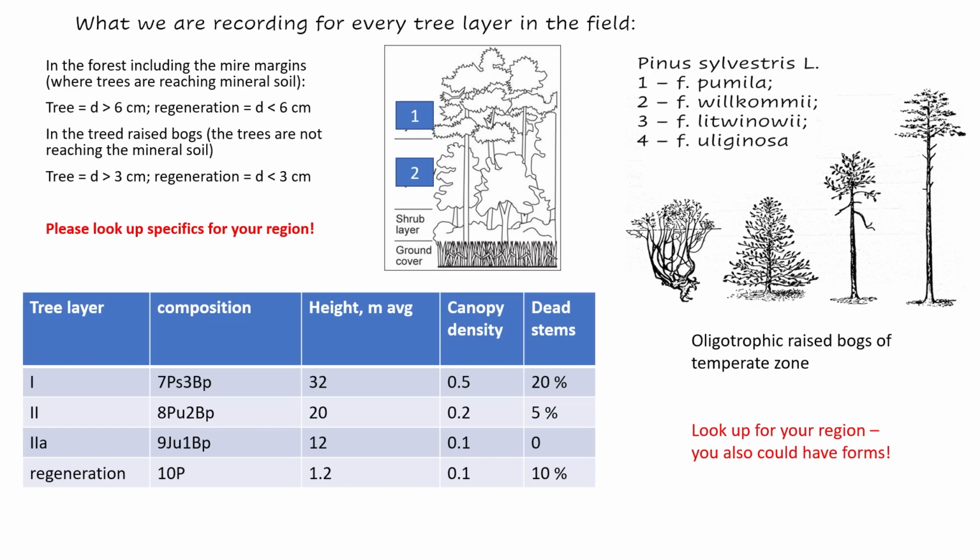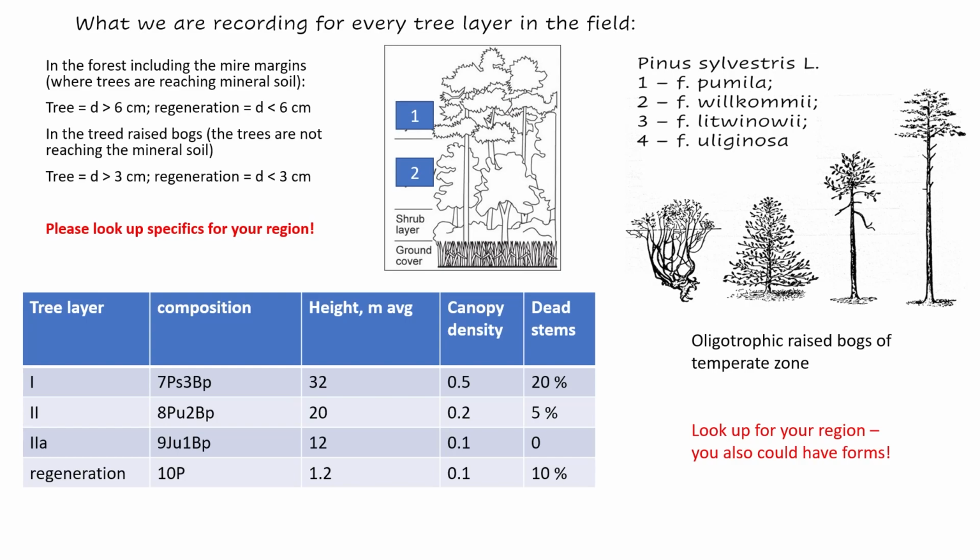What is less is described as the tree regeneration layer. In the raised bog, where the trees are not reaching the mineral soil, the tree starts from a smaller diameter, 3 centimeters.